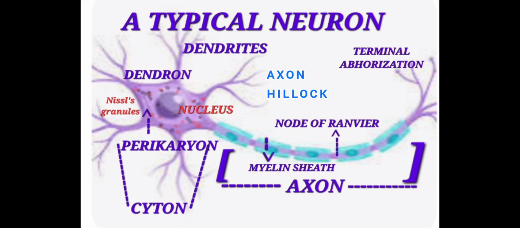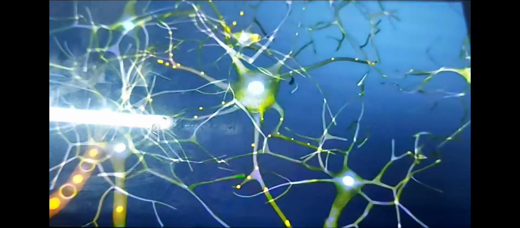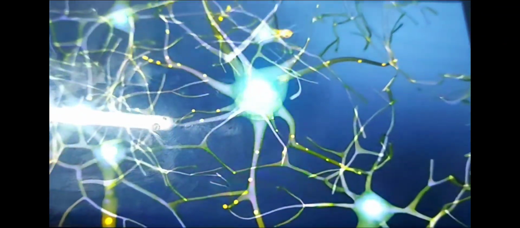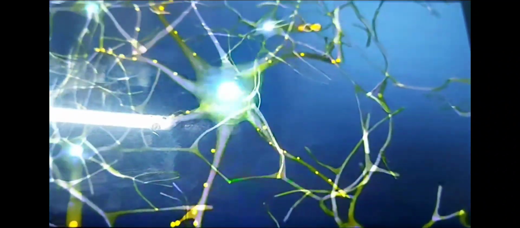At the end of the axon, there are hundreds to thousands of branchings interfacing with other neurons or muscles, forming neuromuscular junctions. The axon is the conducting part which generates electrical signals for communication, starting from the axon hillock, moving up to the axon terminal, which ends in a knob-like structure that secretes a neurotransmitter.